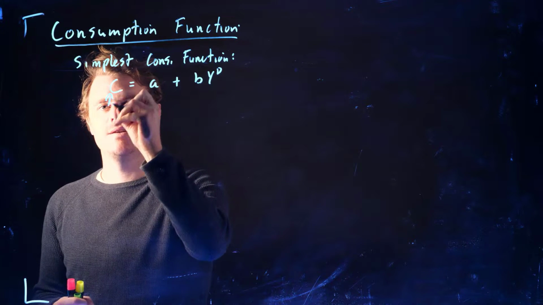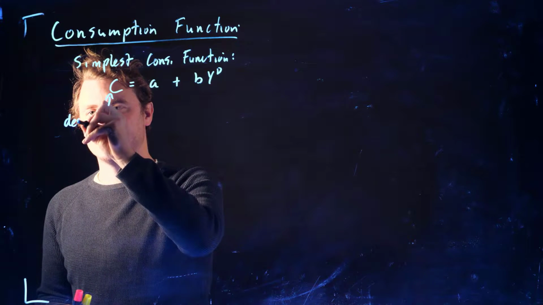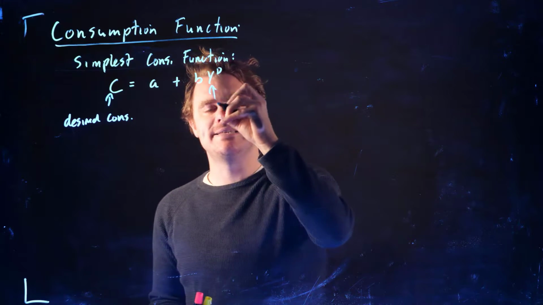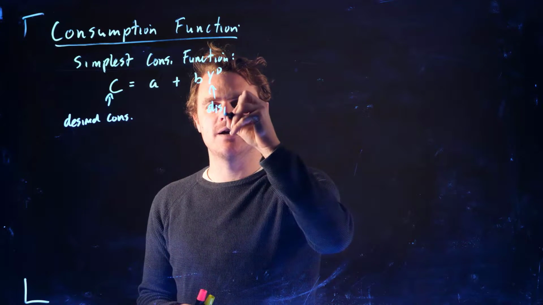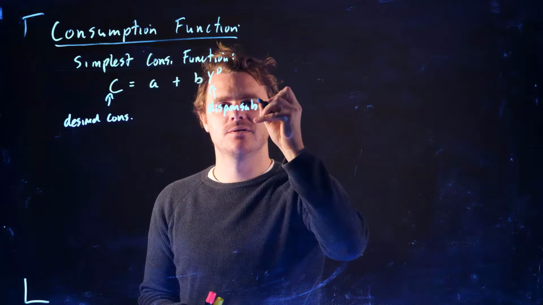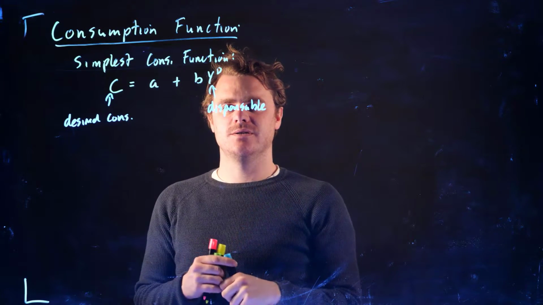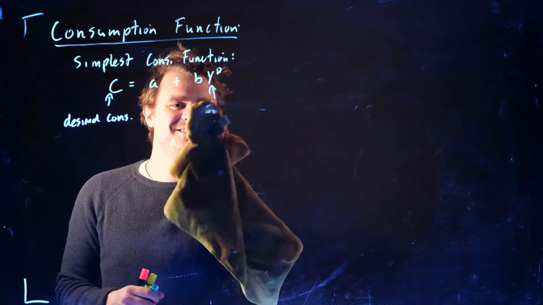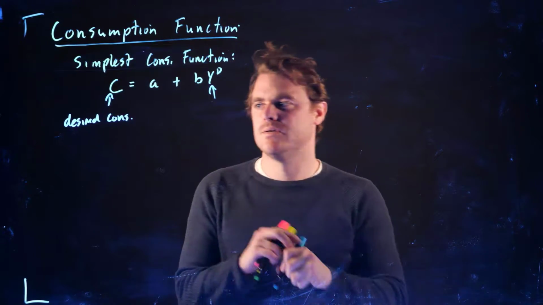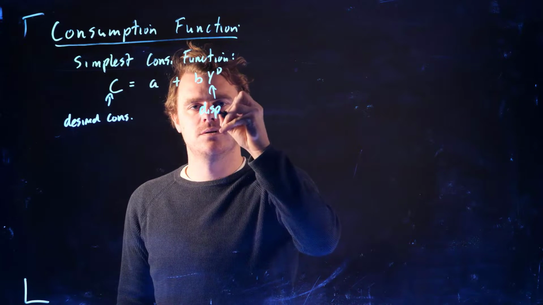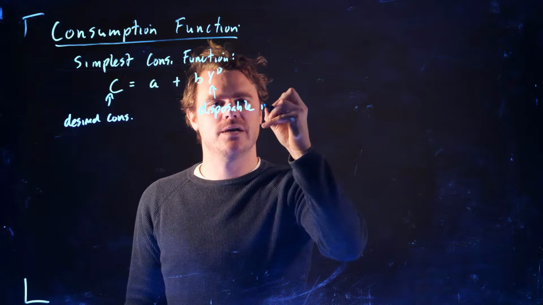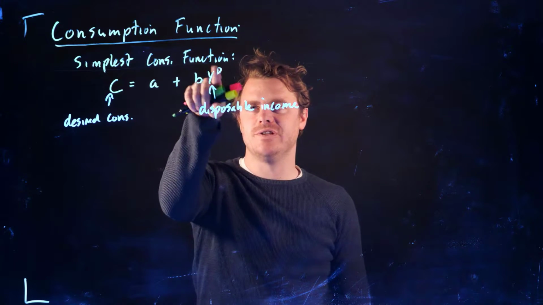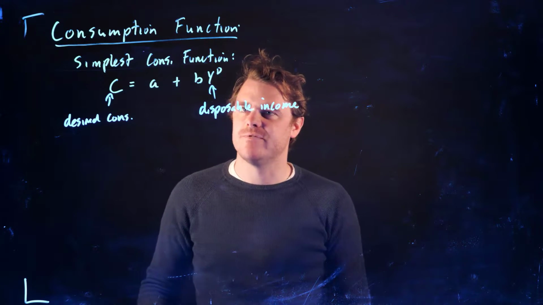So C is going to be desired consumption, and YD is our disposable income, as we've talked about. Remember, that's after-tax income, but this was effectively Y without government, right?